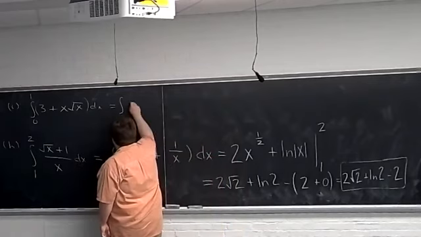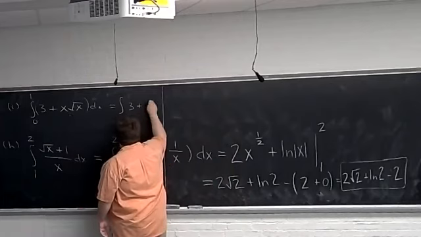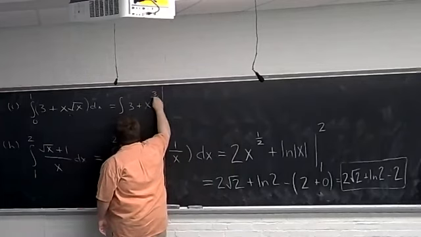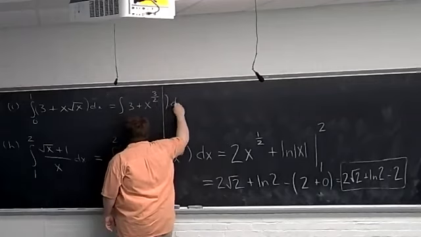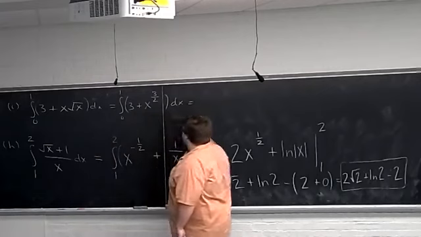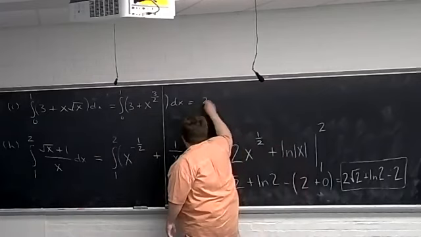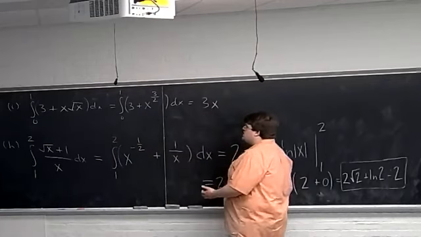Well, first I'm going to write this in its power form. X times x to the half is x to the 3/2. We're evaluating from 0 to 1. What do we get? Well, 3 is a constant. The derivative of 3x is 3.